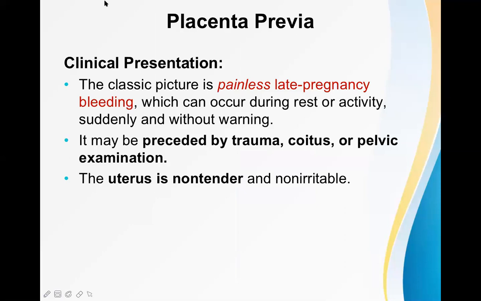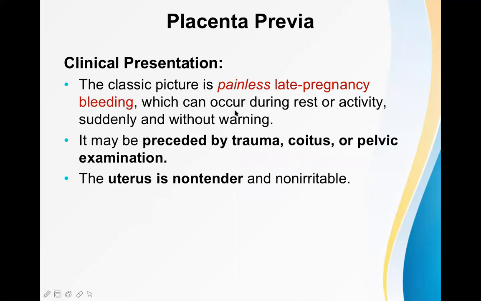So how does the lady present to the hospital? What is the clinical presentation of placenta previa? Many of the points you already know now. The classical clinical picture is painless late pregnancy bleeding. In the third trimester, she complains of bleeding, but that is painless.